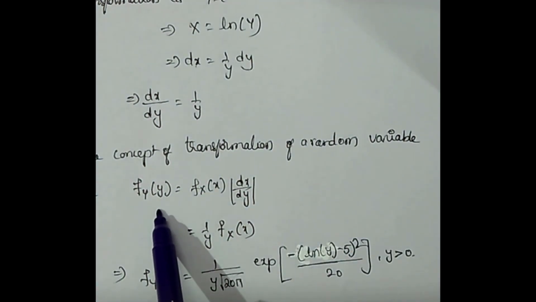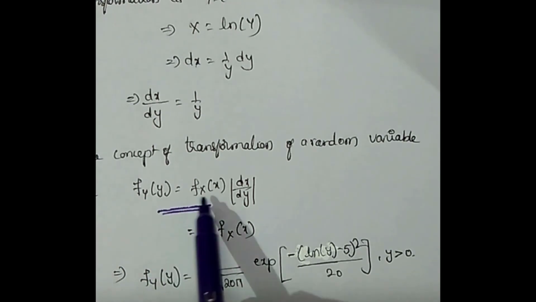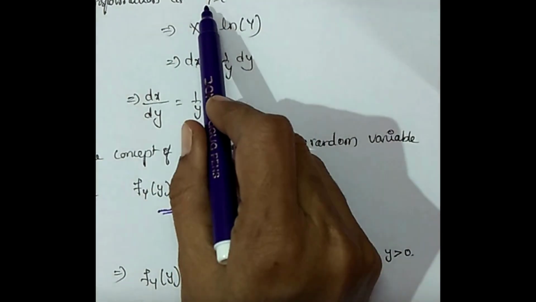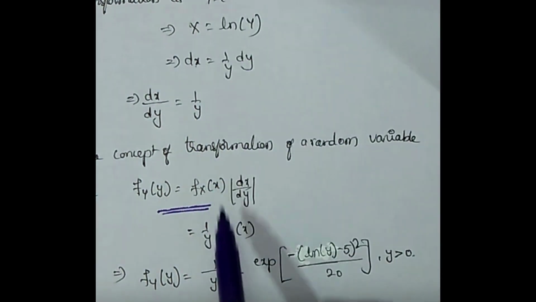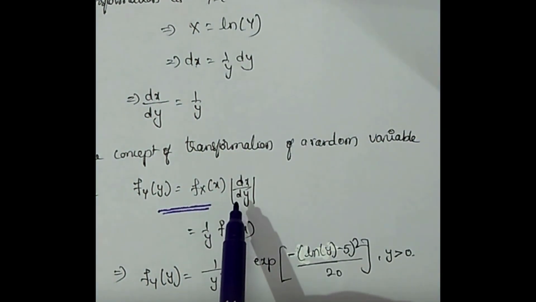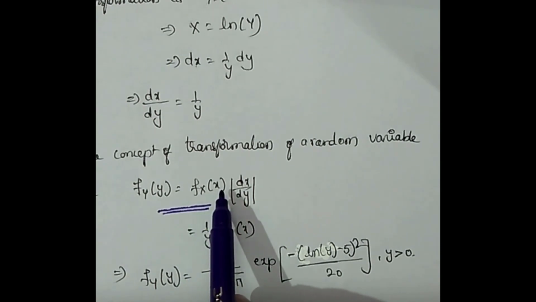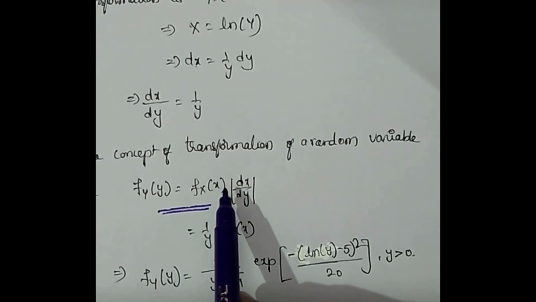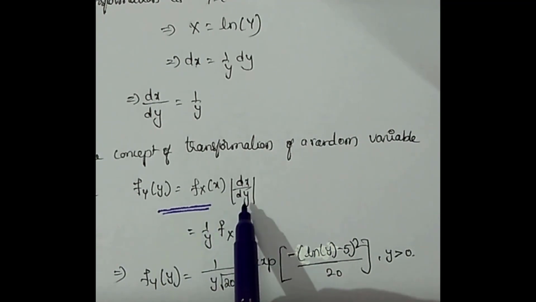What is the reason for this? This is the relation between the new random variable density function and the old random variable density function. They asked for the density function of y if y equal to e power x. As this is the relation between the new and old random variable density functions for the monotonic transformation case, you have to find dx by dy.